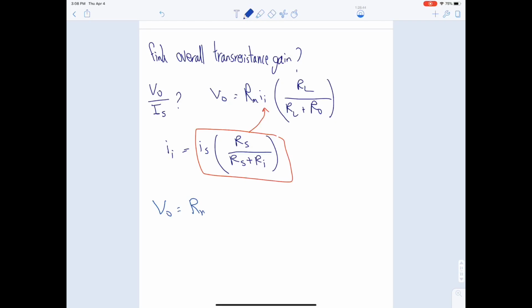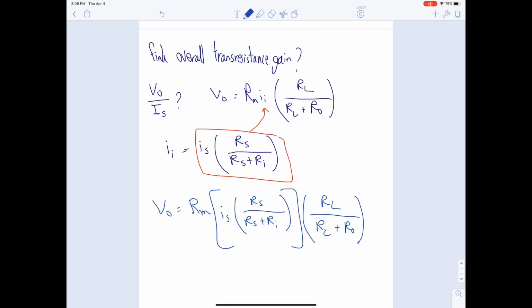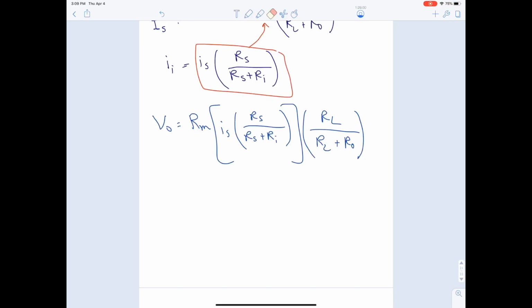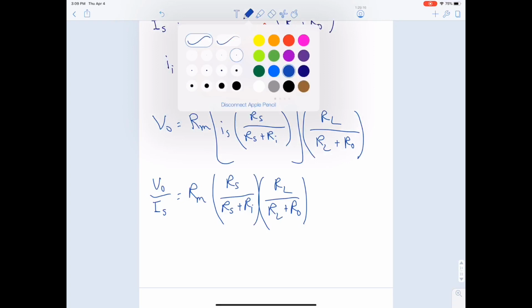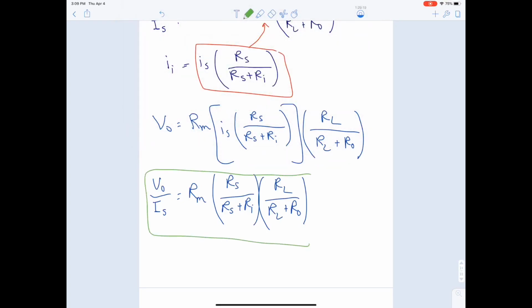It's Rm with Is, Rs over Rs plus Ri, with RL over RL plus RO. Dividing by Is will result in Rm, Rs over Rs plus Ri, multiplied by RL over RL plus RO. Okay, that's the final answer. What's the unit? The unit is V over ampere.